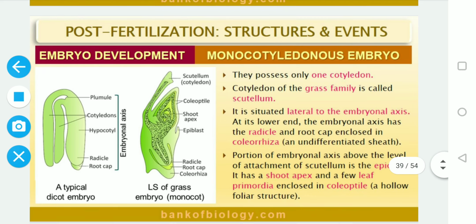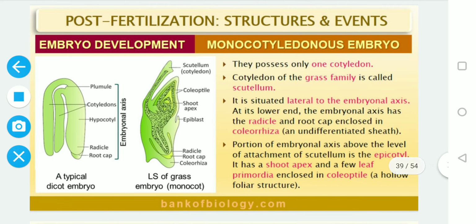Then when you take the example of the monocotyledon embryo, observe the differences along with the structure. The monocotyledon embryo possesses only one cotyledon. The meaning itself tells it, containing a single cotyledon, right?